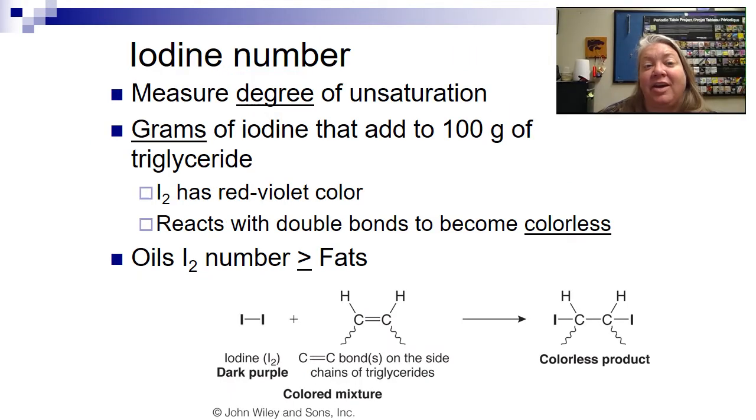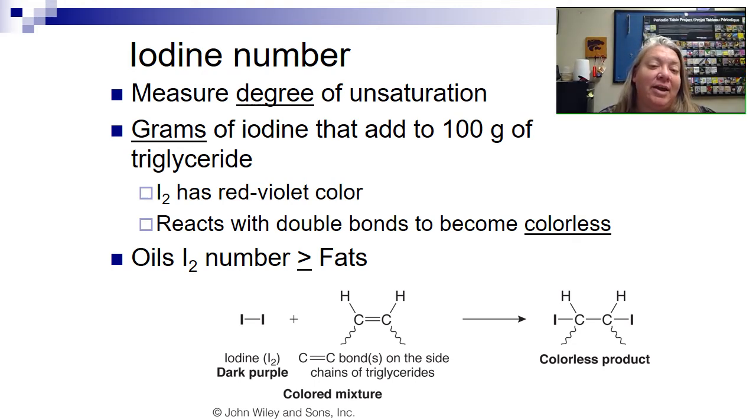Now, it's not enough to just say, yeah, it has double bonds or no, it doesn't. Sometimes we want to know how many double bonds it has because that can affect how well those are going to stack together. To help with that, we use something called an iodine number. Iodine, if you remember, is one of the elements of the periodic table, and it's a diatomic molecule, meaning that in its free state, it likes to be I2, not I by itself.